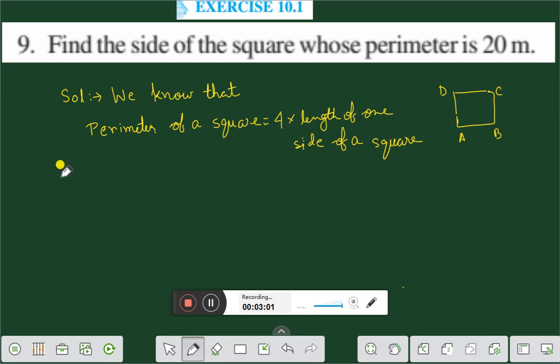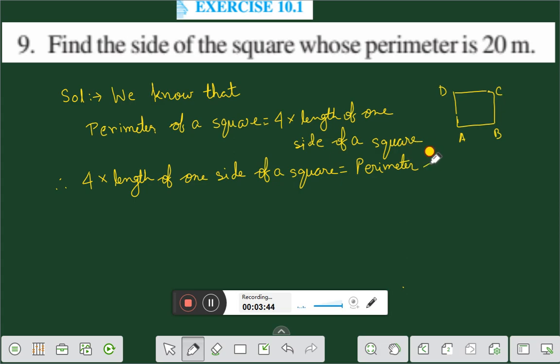Right? Therefore we can write, 4 into length of one side of a square is equal to perimeter of the square.